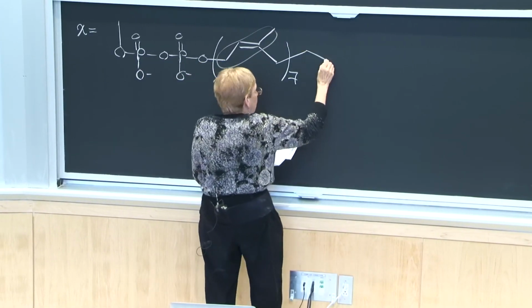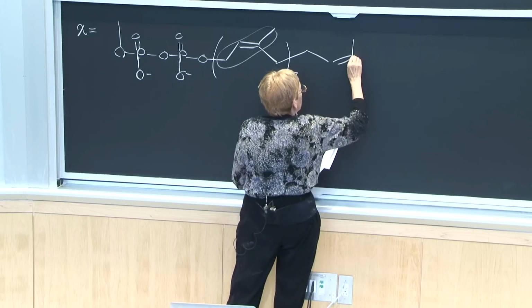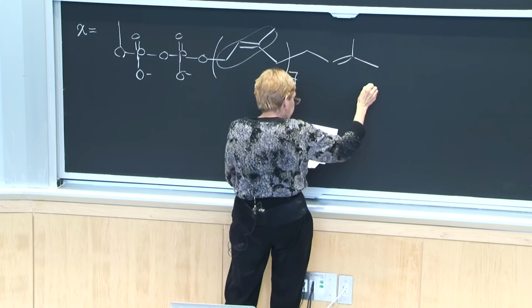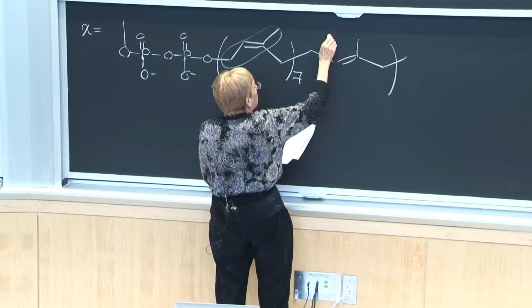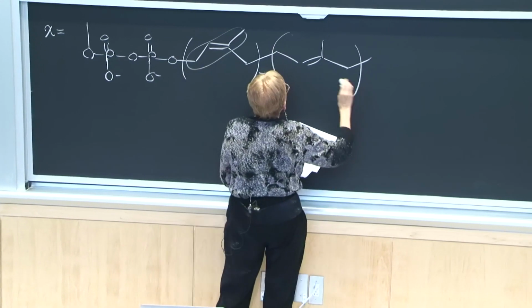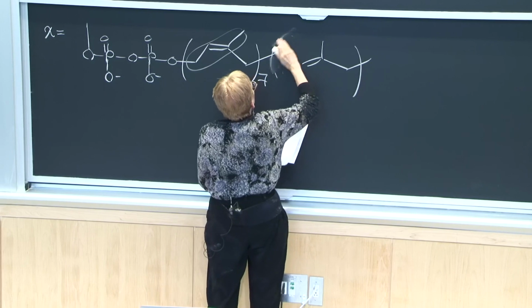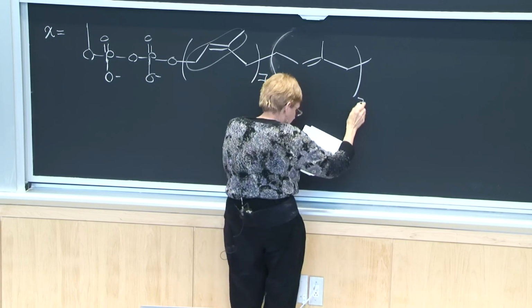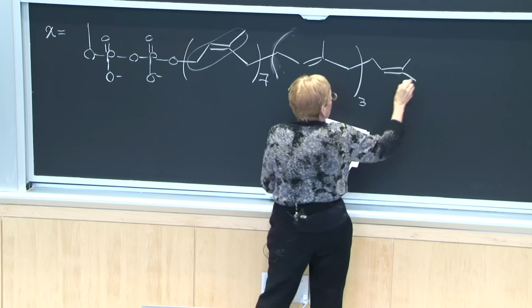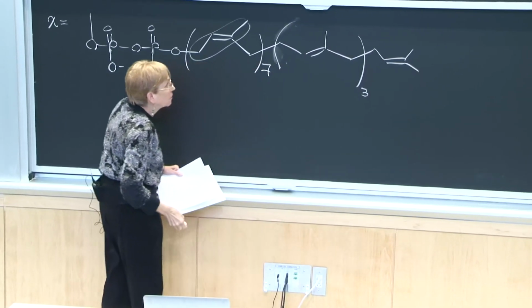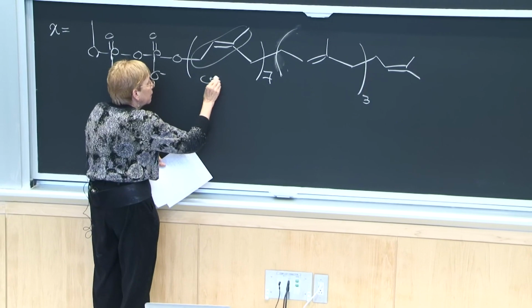There are now 3 of these which have the cis configuration, and then you have a terminal dimethyl allyl configuration. And this is C55.